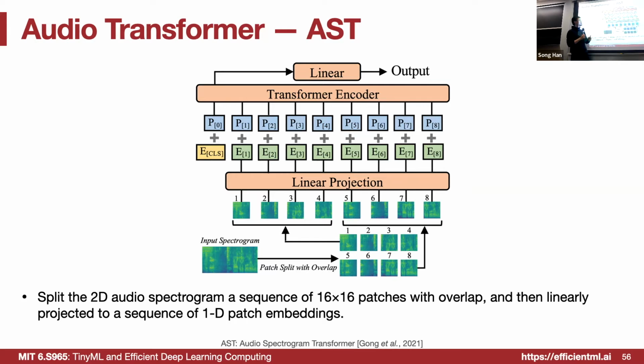Once they become tokens, we can feed them into the transformer encoder and get the output with a special token at the front. This shares a very similar technique with the vision transformer, just using the spectrogram as the input representation of the audio.